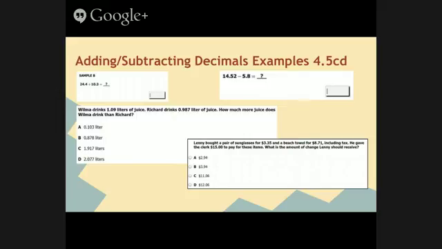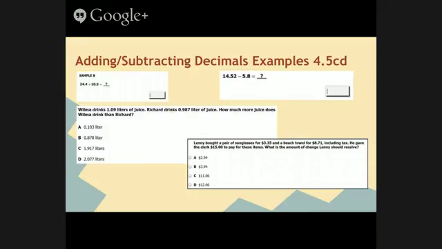So it says Richard drinks 0.987 liter of juice. How much more juice does Wilma drink than Richard? So how much more needs to be a clue word to them. That means you're going to have to do a subtraction problem. So they would have to know Wilma's 1.09 liters of juice and Richard's amount, subtract those, check those, and then over here you will see all the answers.